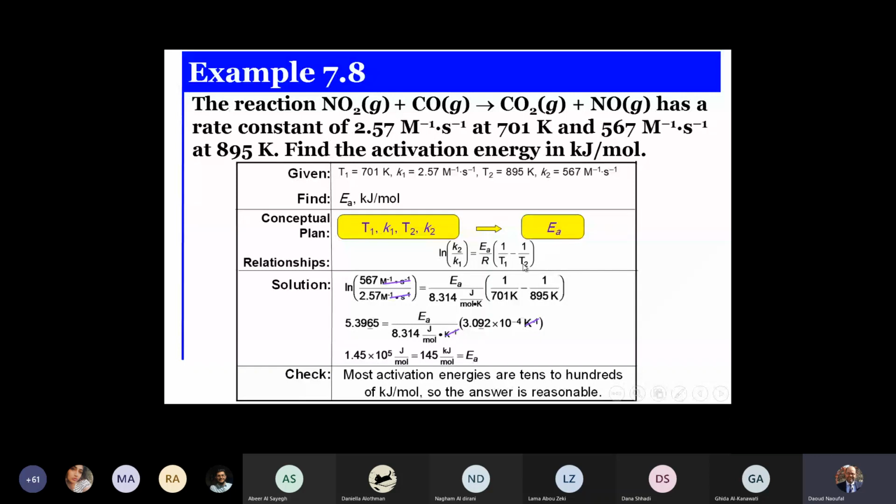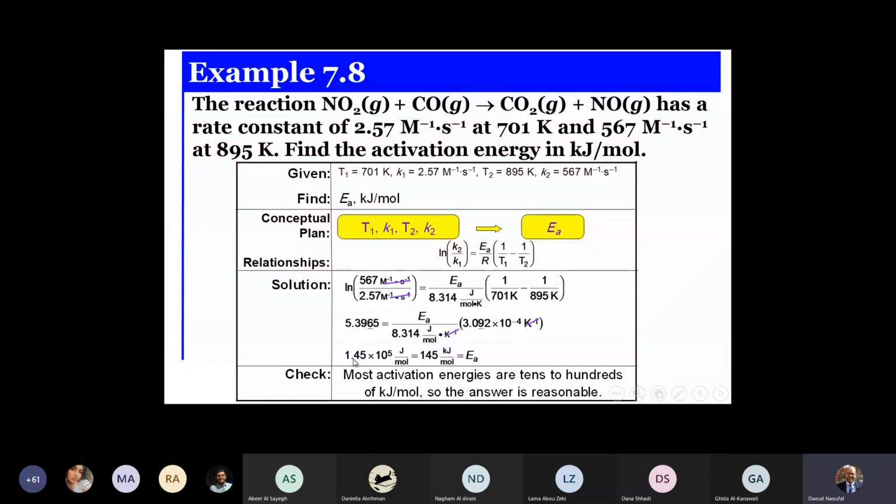Pay attention that T1 and T2 should be in Kelvin, and R in joule per mole per Kelvin. K2 and K1 have the same units. So you obtain EA in the same unit as R, so in joules. Then you transform it to kilojoules.